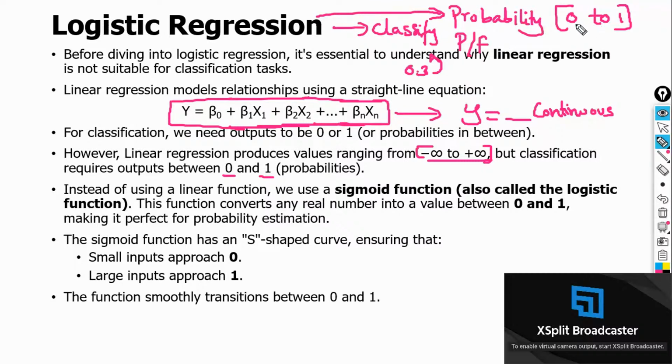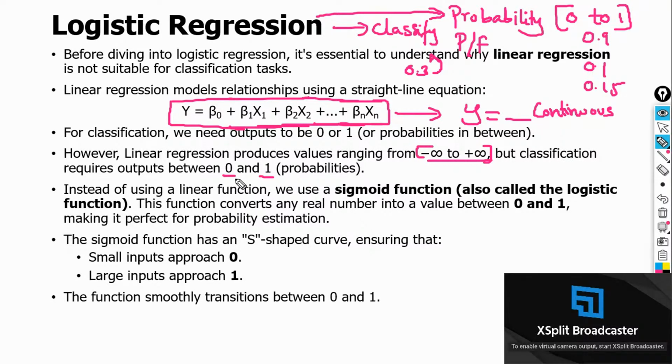Because I can get any number between 0 and 1. Am I right? Yes. I can get 0.9, I can get 0.1, I can get 0.15, anything. But how this probability is converted to a class is what we are going to understand.